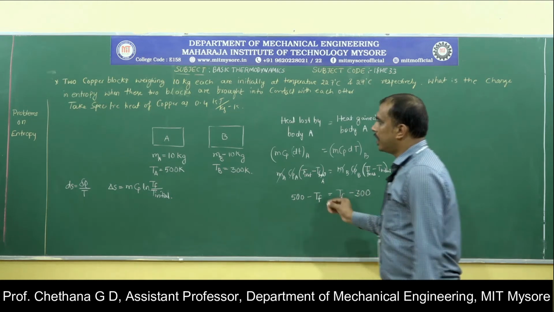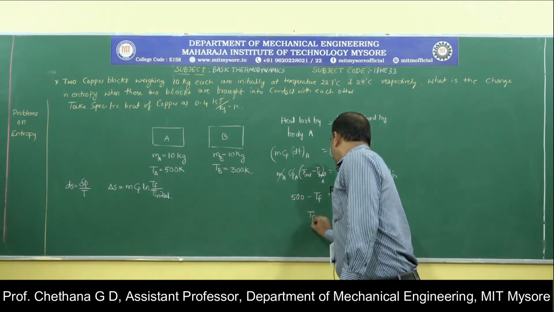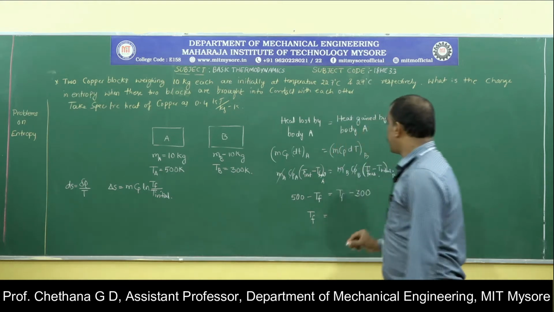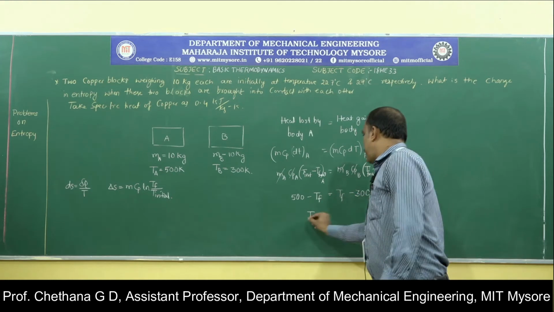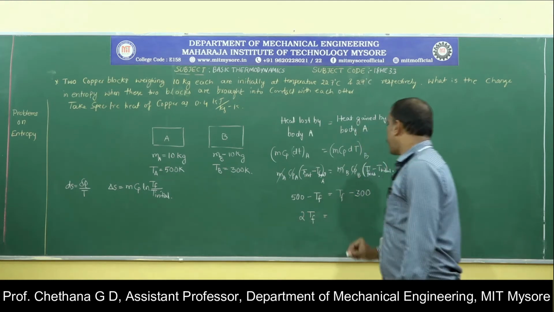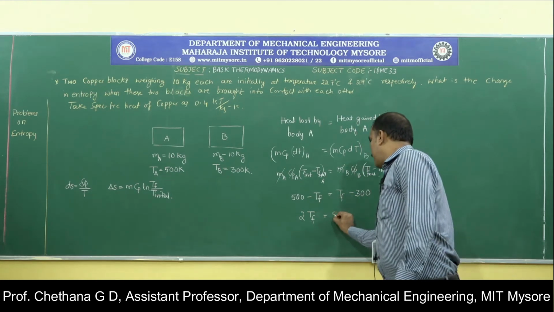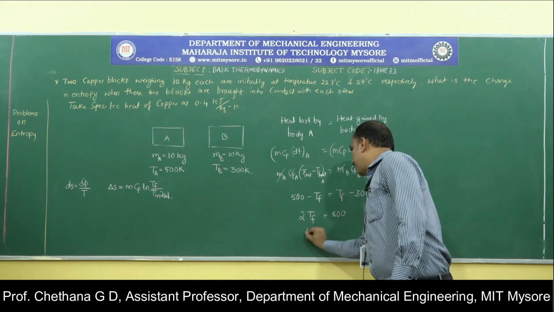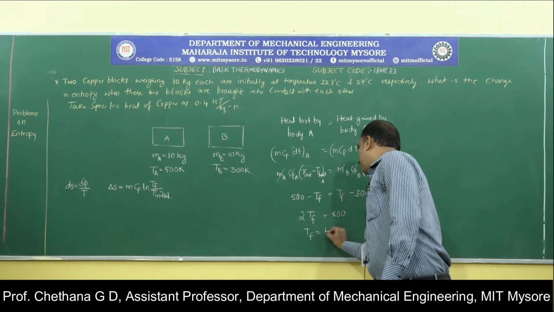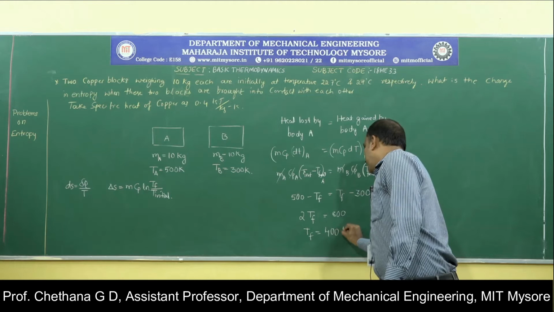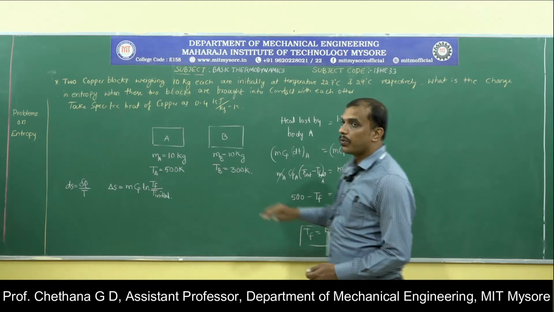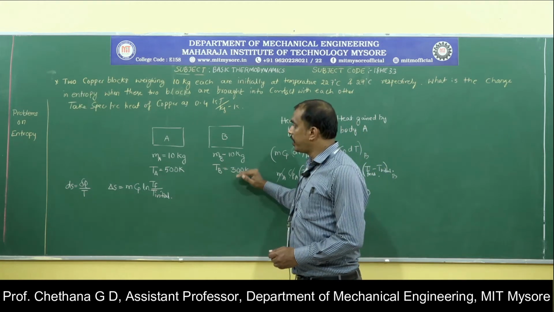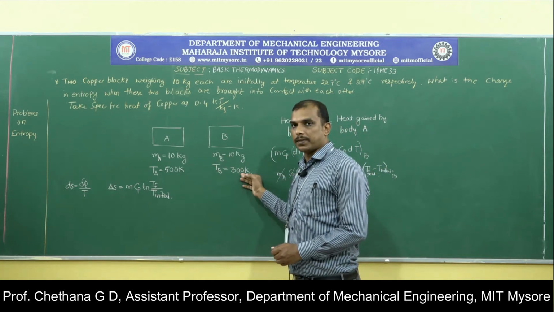Now find out TF: if you bring it back here, that will be 2TF is equal to 800, or TF is equal to 400 Kelvin. Now see that TF will be in between these two temperatures.